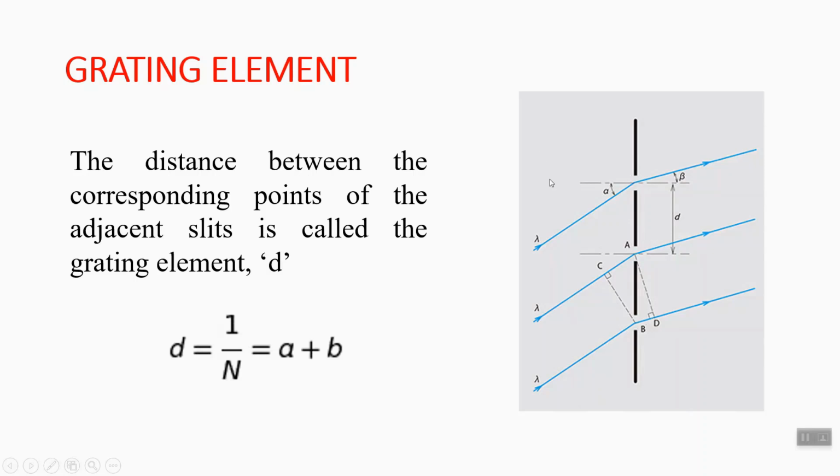The distance between the corresponding points of the adjacent slits is called the grating element and it is represented by D. So if the width of the transparent portion is A and the width of the opaque portion is B, then the grating element D is represented as A plus B. D is equal to A plus B. If there are capital N number of lines or slits per unit length, then the grating element is given by D is equal to 1 by capital N is equal to A plus B.